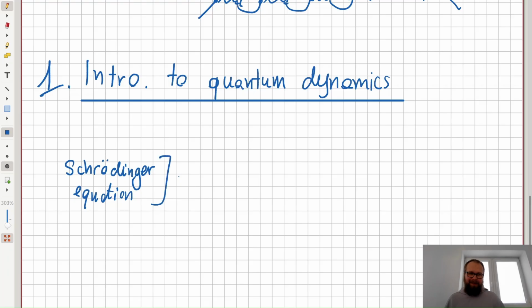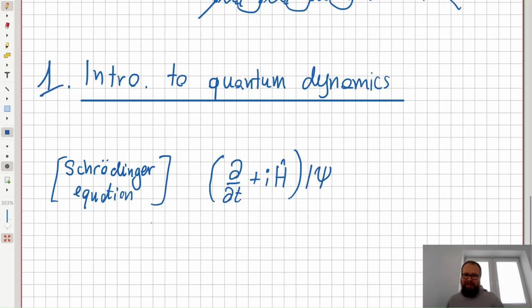Schrodinger equation. Oh my, so ugly. But you know what I mean by this squiggly. So let me write it in this way. We have a derivative with respect to time, 1 plus imaginary unit, an operator H, and this whole thing acts on the ket psi_t, equals 0.